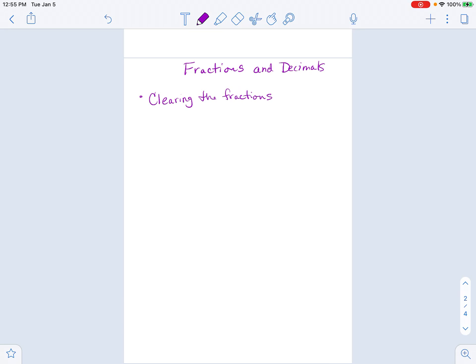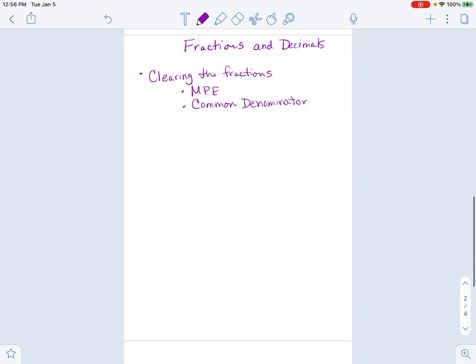And the answer to that is the common denominator. So if we're looking at an equation with fractions, we're going to use the multiplication property of equality and the common denominator. With these two things, we can clear the fractions, and that's going to make our lives so much easier.